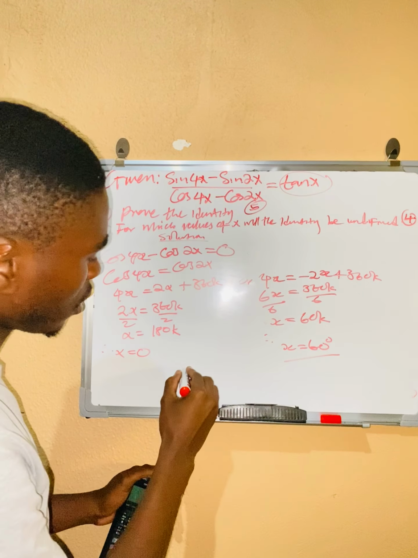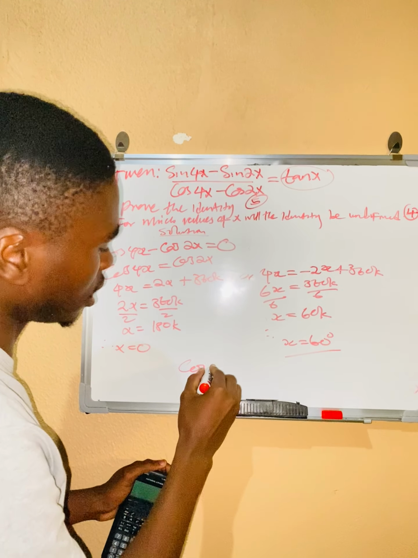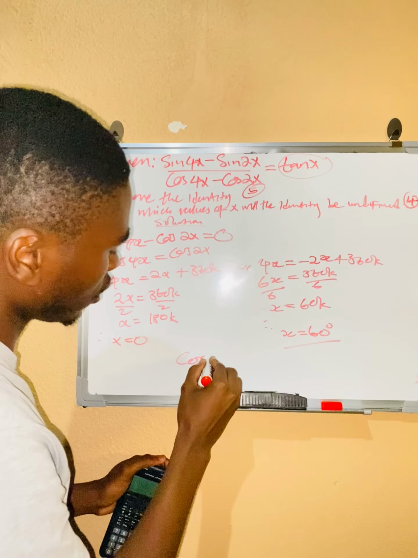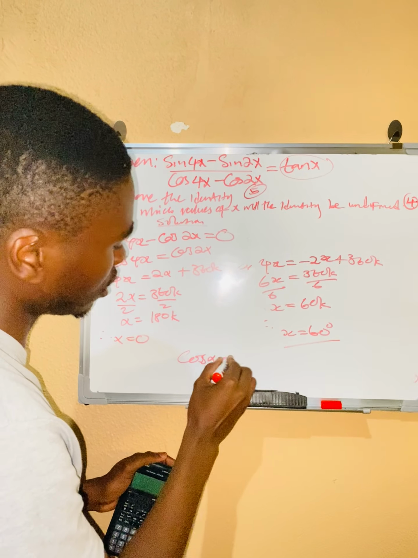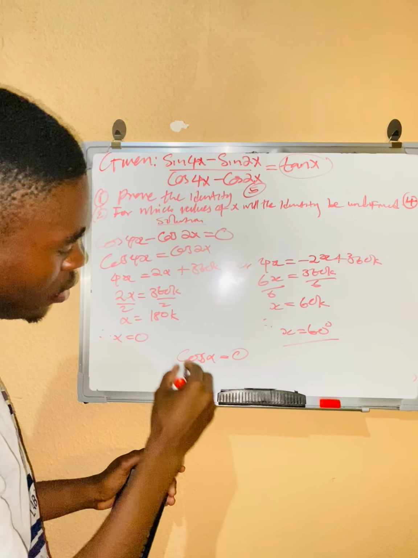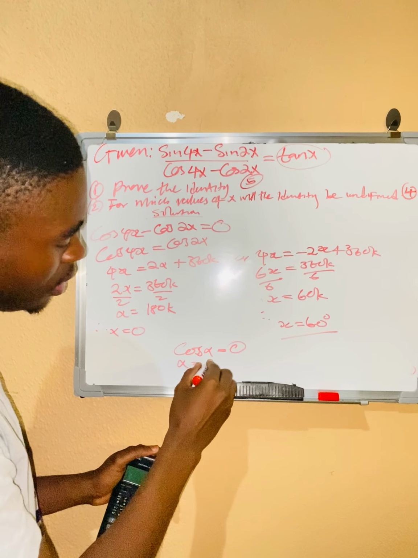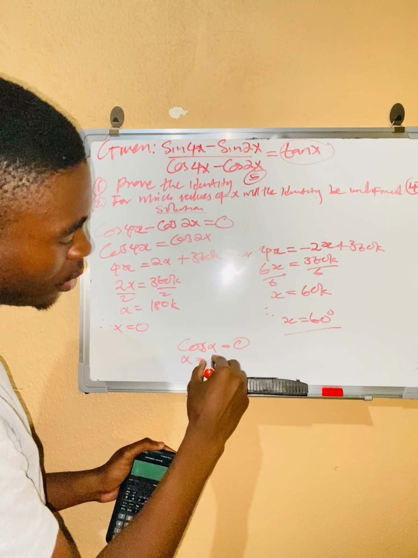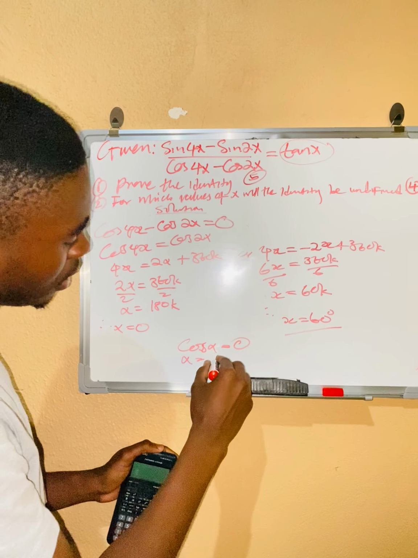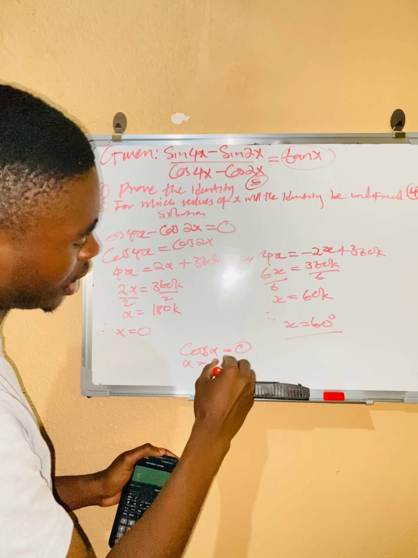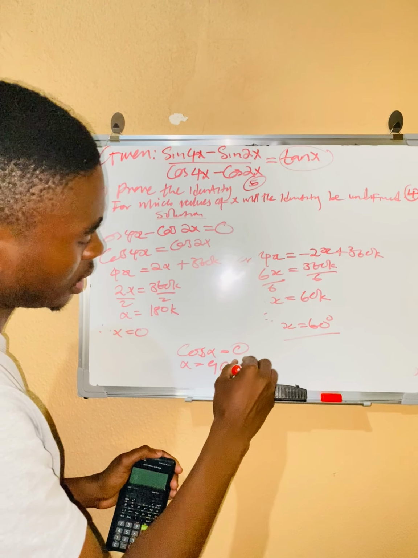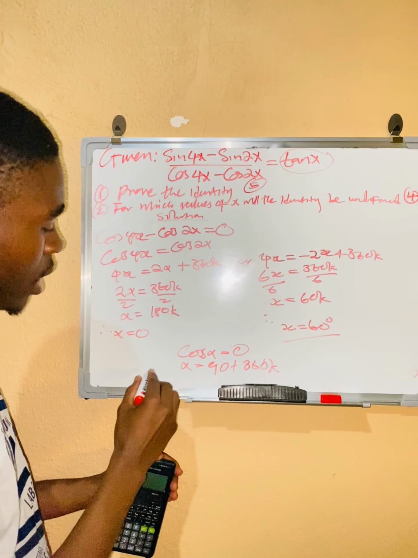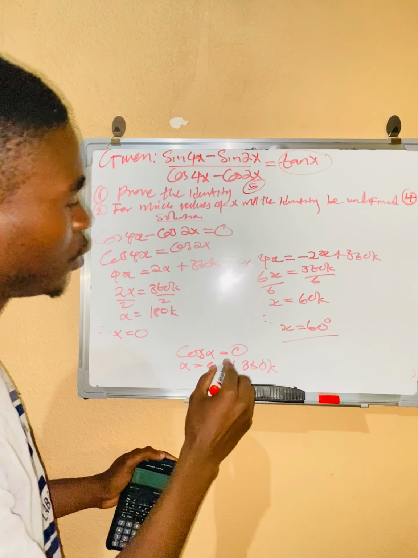Also, cos x equals 0. So your x is going to be cos inverse, which is going to be 90 plus 360k. Here also, cos is positive in which quadrant?